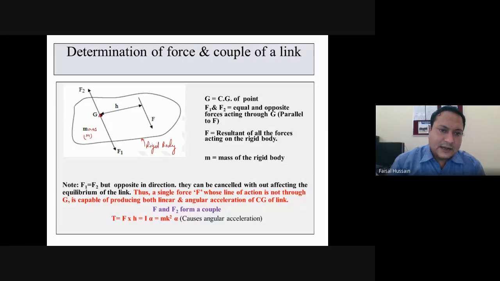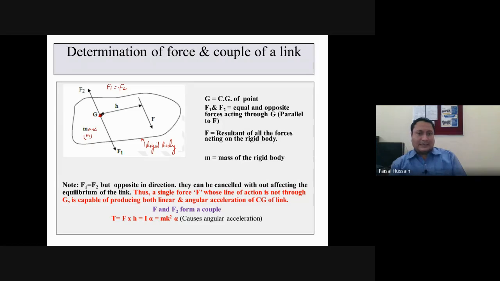This is the center of gravity, CG, of the body, and at point CG, let two forces F1 and F2, equal and opposite, act passing through the CG. If F1 and F2 are equal, what will happen? They will cancel out without affecting the equilibrium of the link.